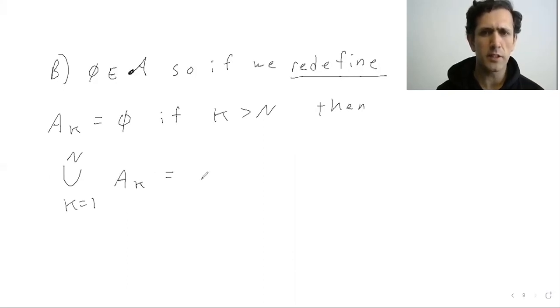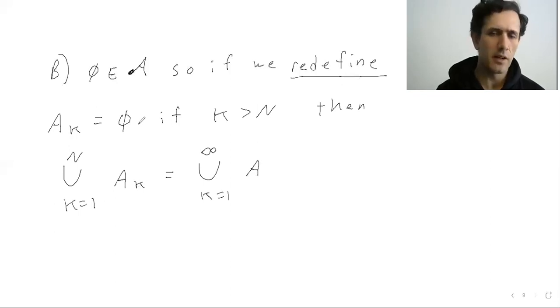Obviously this union here is going to be this countable union, because after K equals N, we're just unioning with the empty set, which has no effect.